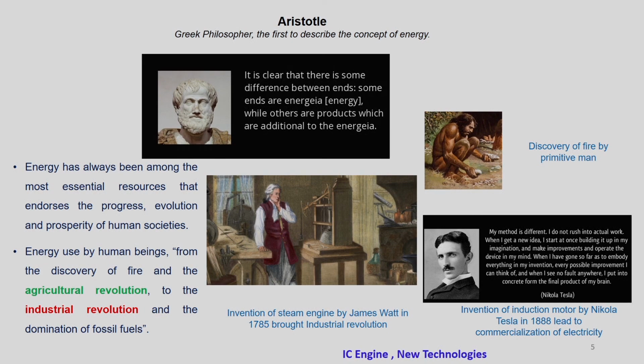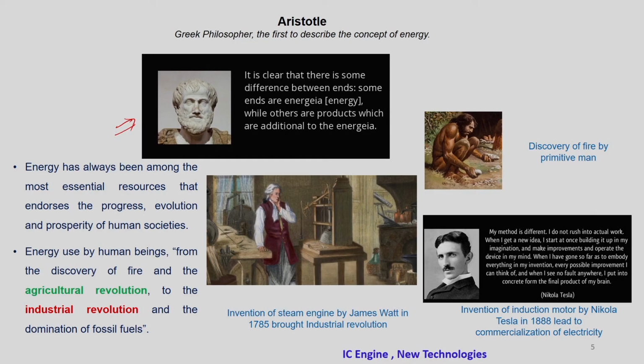So, this slide shows how industrial development takes place, and how and when electricity was developed, and what happens after that. As you are familiar with this famous philosopher, he is Aristotle.